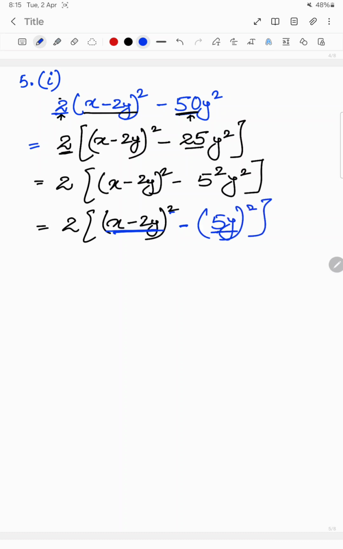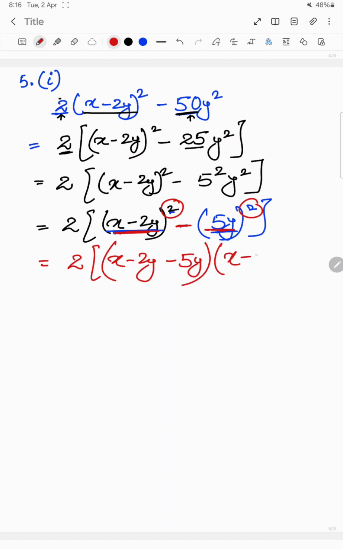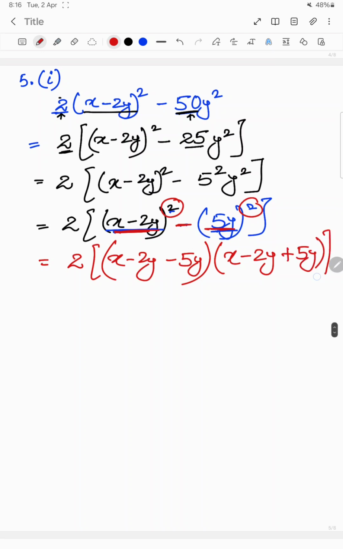So this is my b square. So I have the form a square minus b square. So now what does this mean? This means 2 into a minus b, and a is x minus 2y, into a plus b, bracket close.